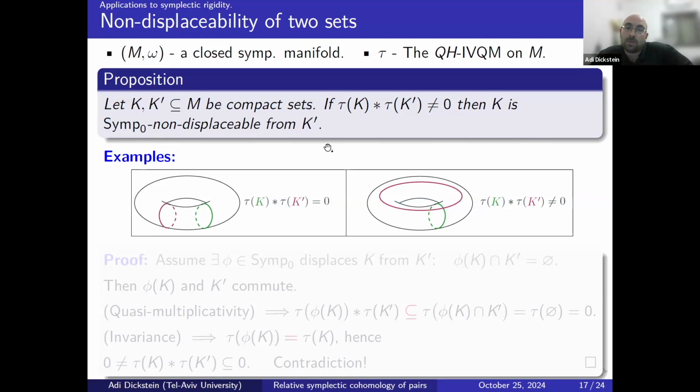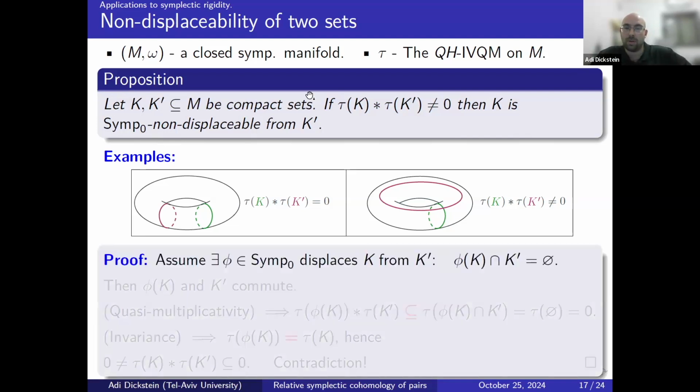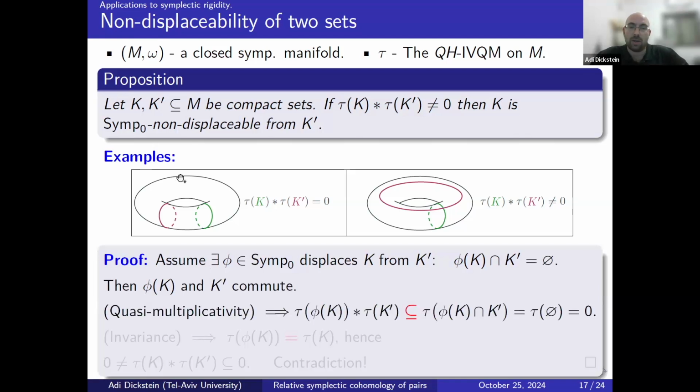And the proof is very easy. If we can displace K from K prime using an element phi, then phi K and K prime commute. Using the quasi-multiplicativity, we get that the product of their measures is 0.